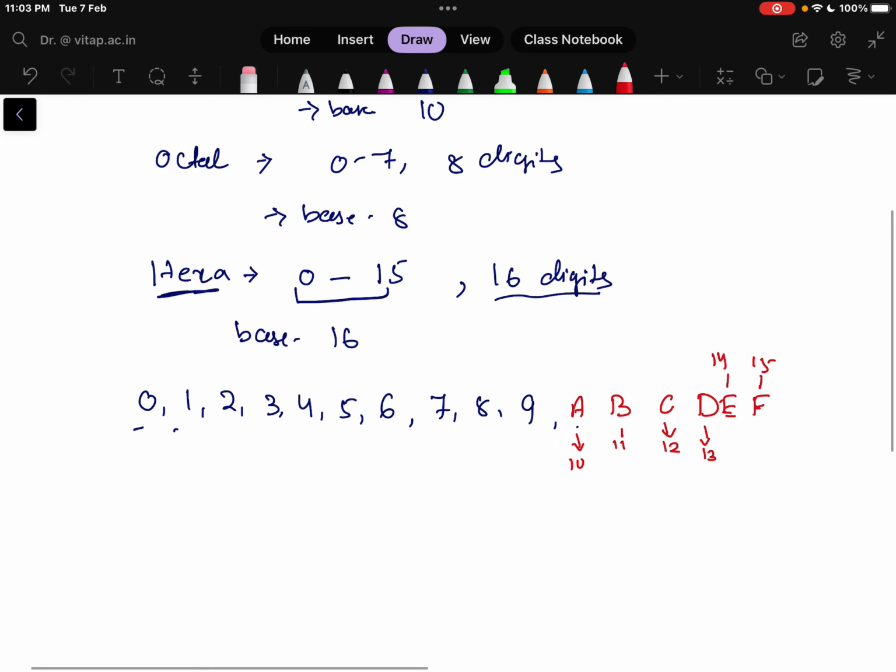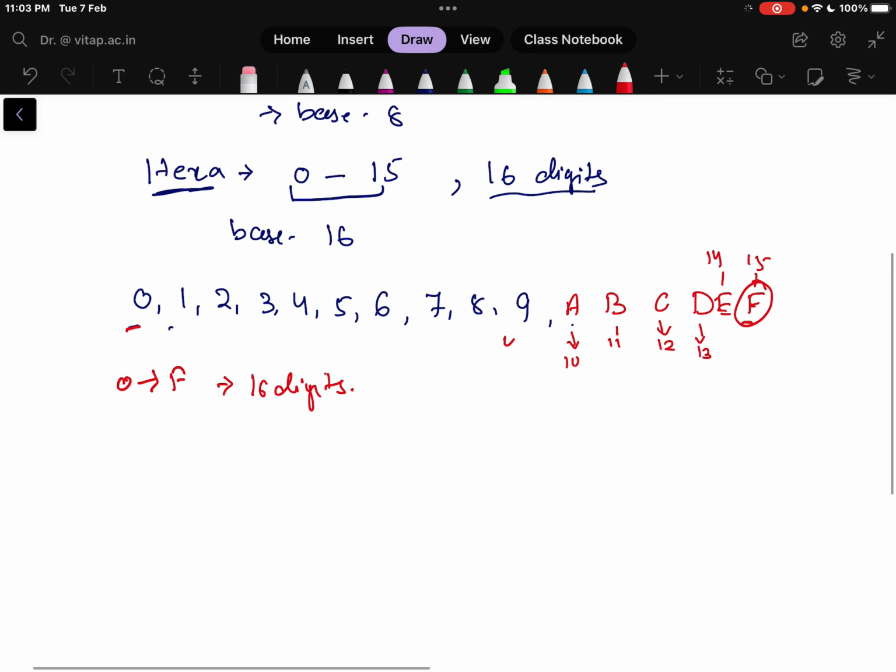So like this, there will be 0 to F, which represents the 16 digits here. There are 16 digits, which start from 0 and end at 15, but effectively the place of 15 is written as the alphabet F here. So after 9 we cannot repeat digits to represent the hexadecimal number system, and that is why the alphabets A, B, C, D, E, F are used here.